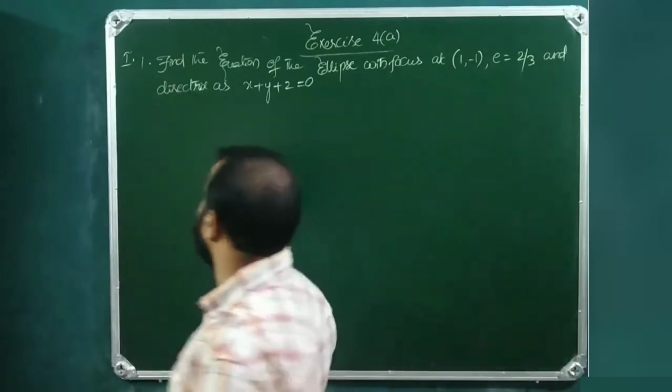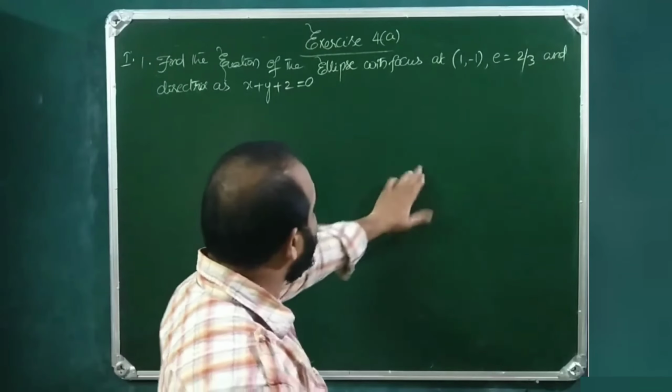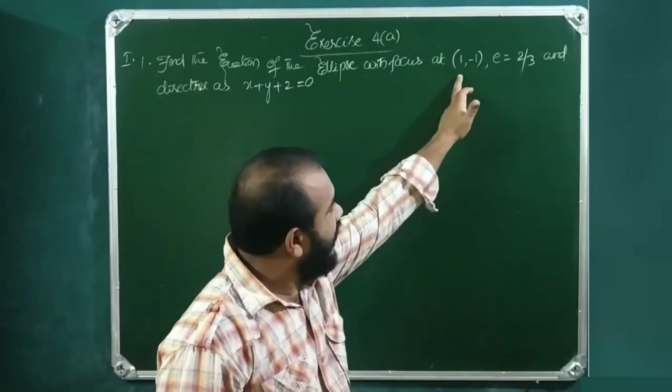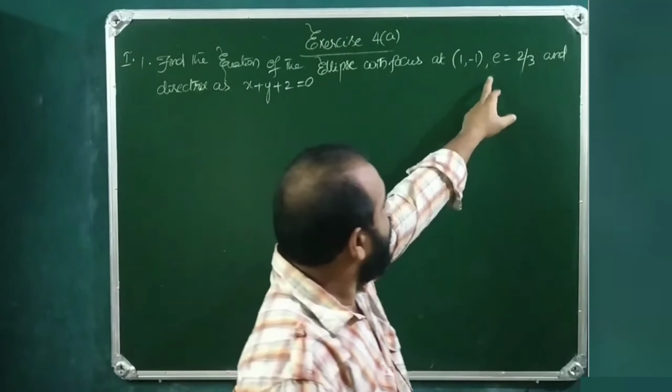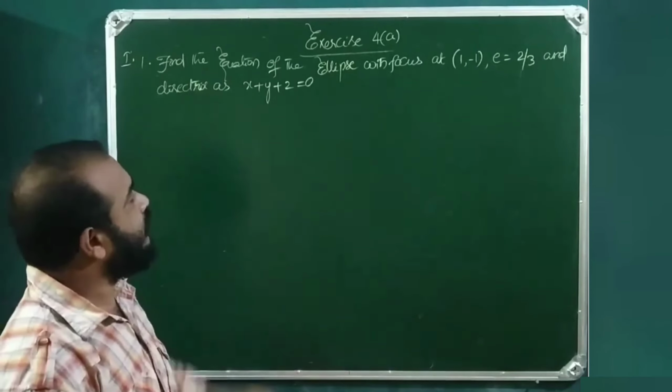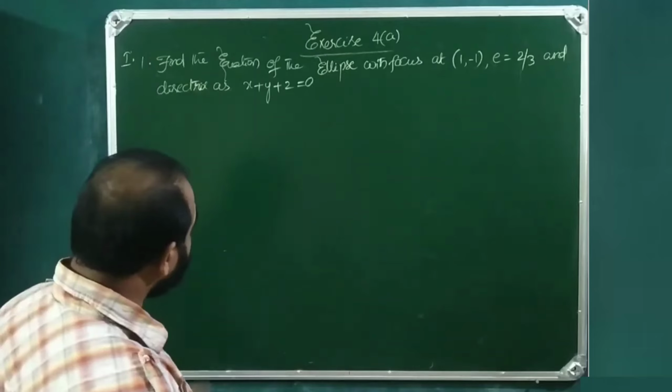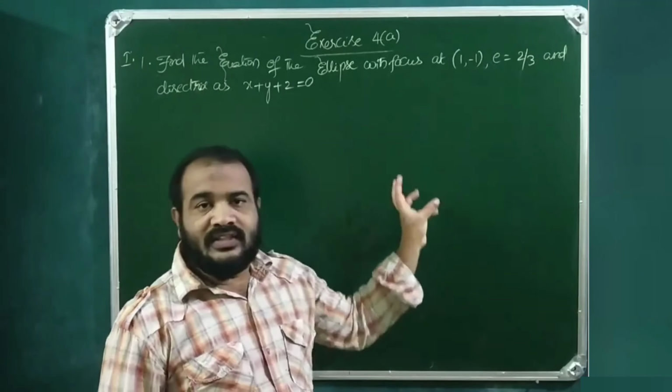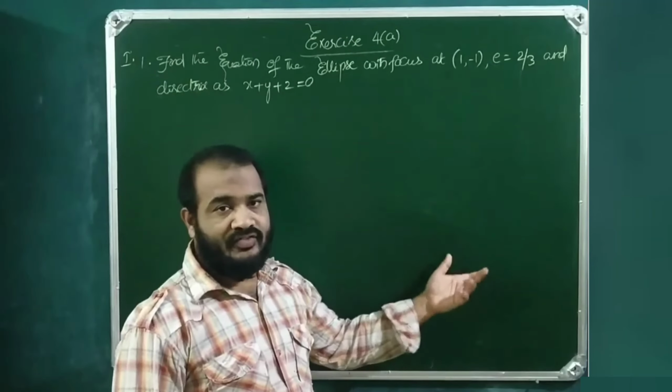The first question is: find the equation of the ellipse with focus at (1, -1), eccentricity 2/3 and the directrix x + y + 2 = 0. This is the definition of a conic itself.